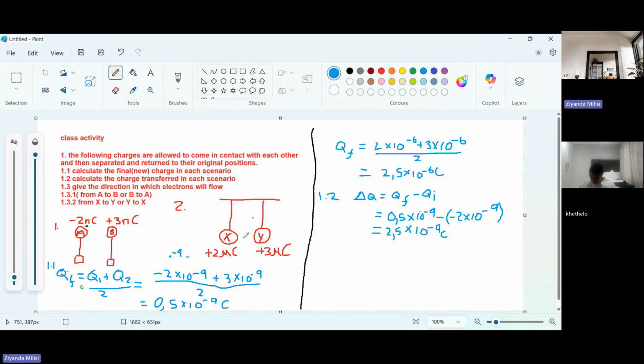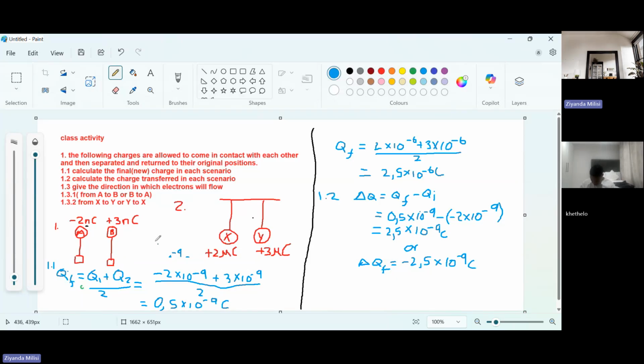If you use your Q initial as Q2, which is 3, your answer will be negative 2.5. You can try it, work it out yourself. If you use positive 3, your answer will be 2.5 times 10 to the power negative 9 coulomb. All right?